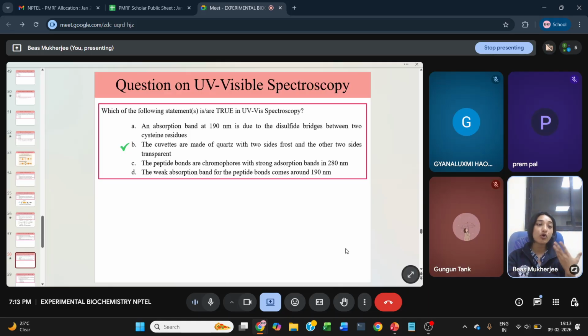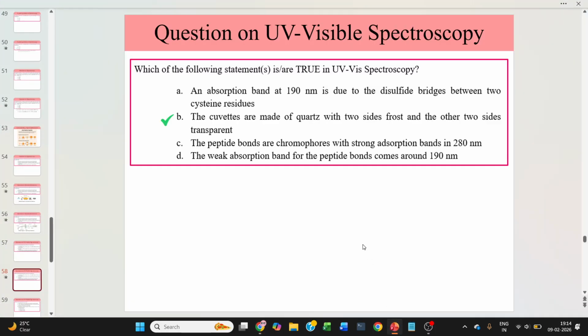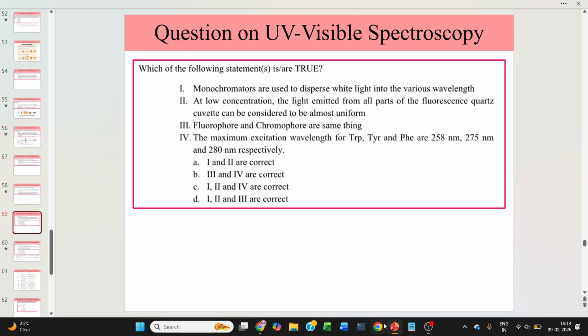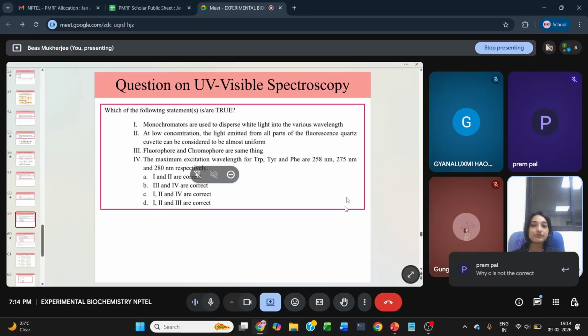Quartz is very expensive, and since light would never be passing through these other two sides, there is no quartz in those two sides. It is also ensured that light is not lost from those two sides. So that is why it is frost.